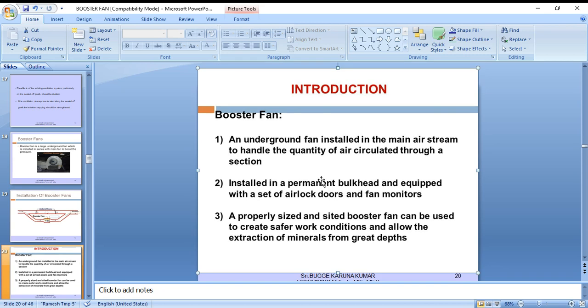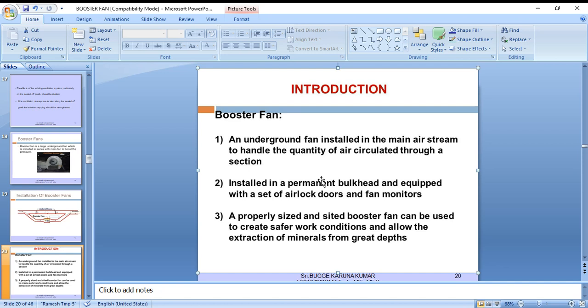A properly sized and sited booster fan can be used to create safer working conditions and allow the extraction of minerals from great depths.